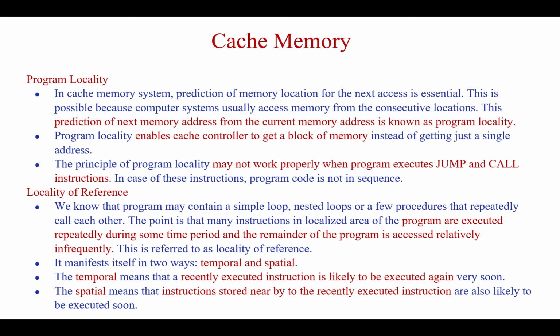Next we are going to see the working of cache. Principles of locality: the cache memory predicts what will be accessed next. Temporal locality means recently accessed items are likely to be accessed again. Spatial locality means items near recently accessed items are likely to be accessed.